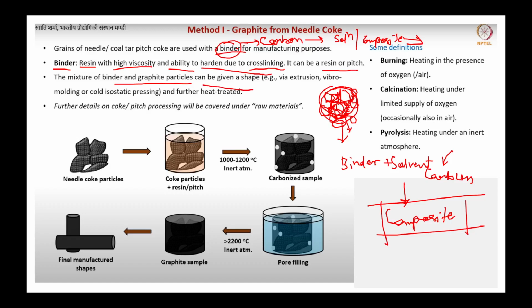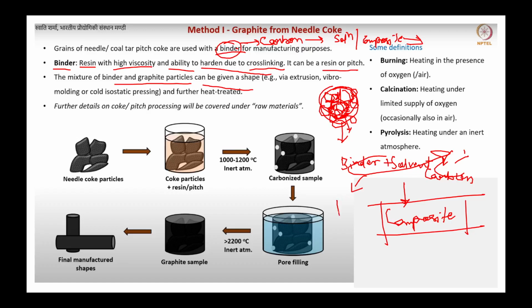The mixture of binder and graphite particles can be given a shape. For example, if you make a mixture of binder, solvent and carbon, and you want to make some structure, then you can take the composite via extrusion, vibromolding, cold isostatic pressing, or whatever.